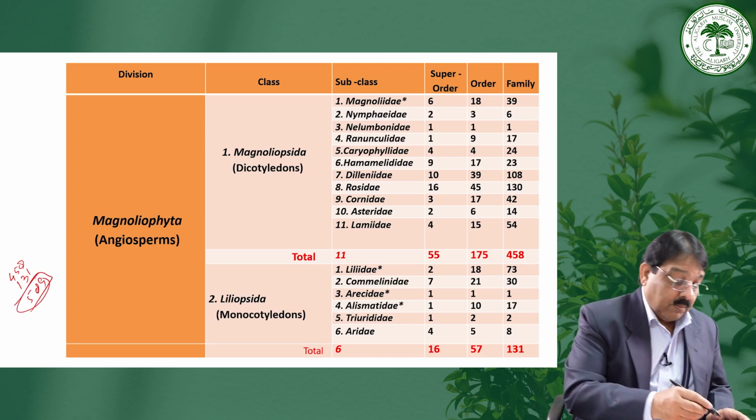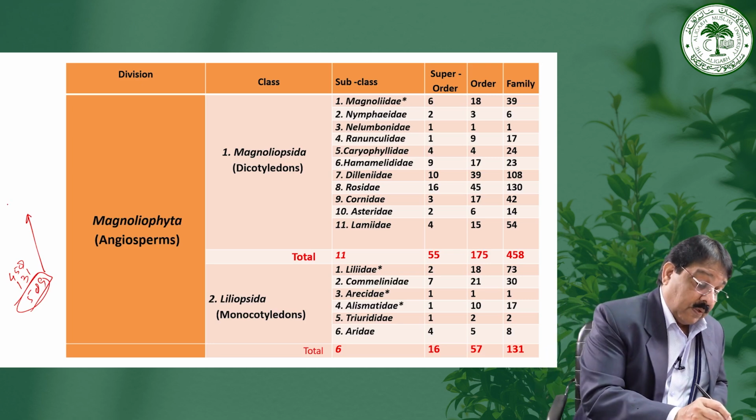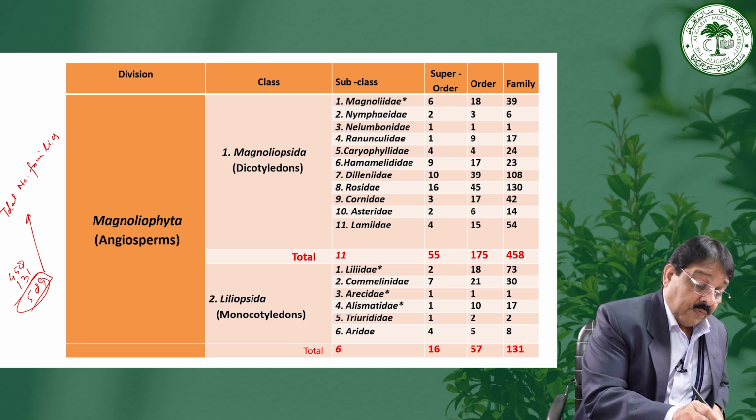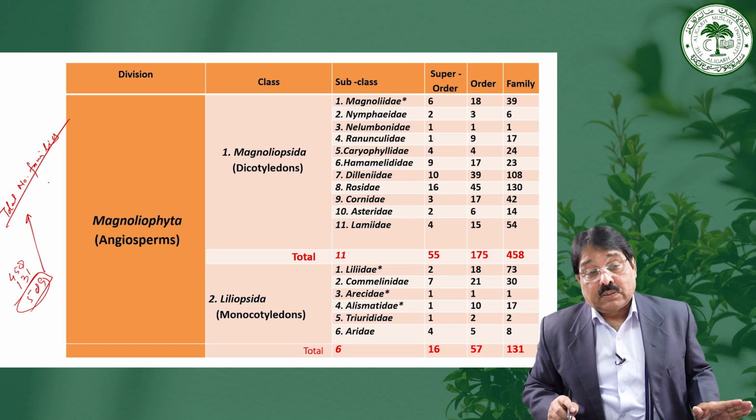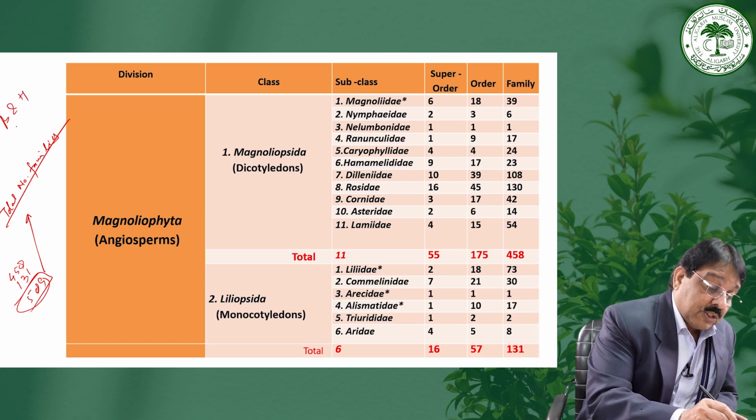These are the total number of families arranged by Takhtajan, while in Bentham and Hooker there are 202 families.